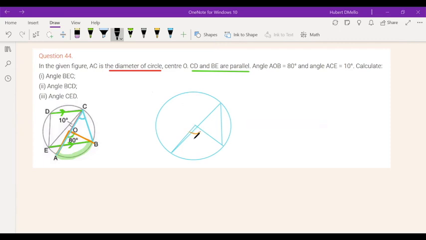This angle is given to you as 80. And if you look at this, both of them have the same base, right? They are from the same arc, right? Oh, okay, I got it now. So that's what you got to spot for.